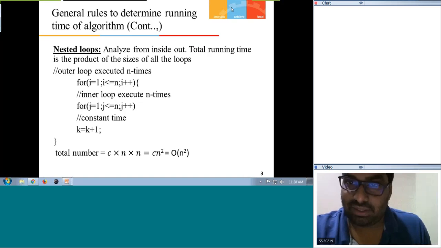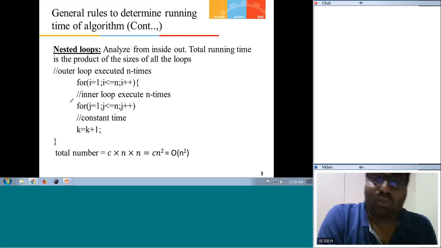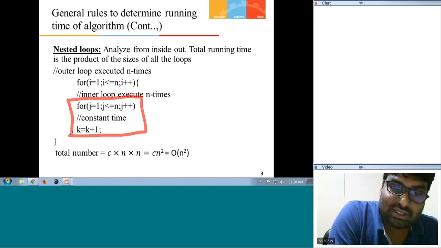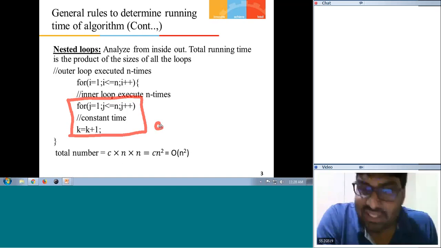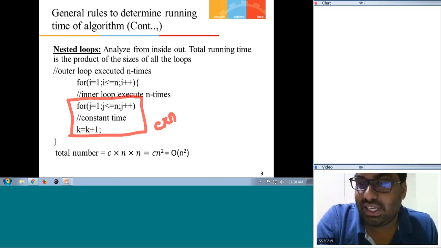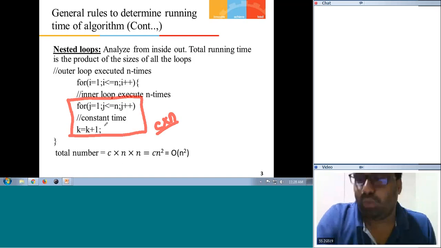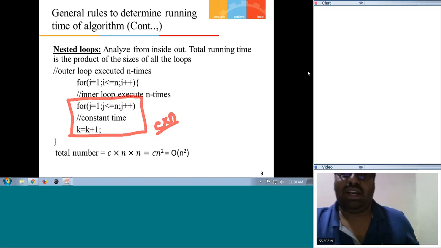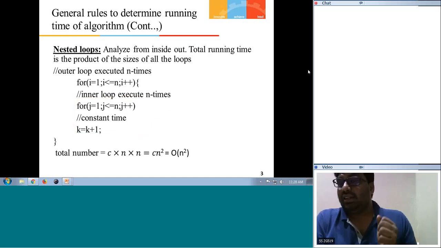This is completely one part. I start C first. After C, this is one condition exit. So that's why it is C into n, not C plus n. And this is not a sequence. This is a loop. So you'll get this clarity in the next slide. I hope I am clear.